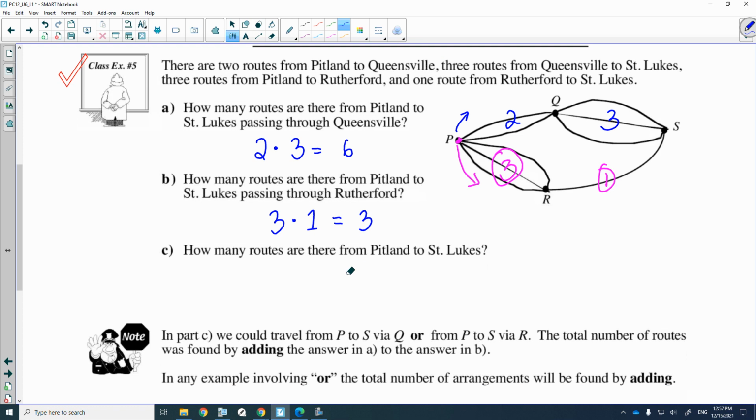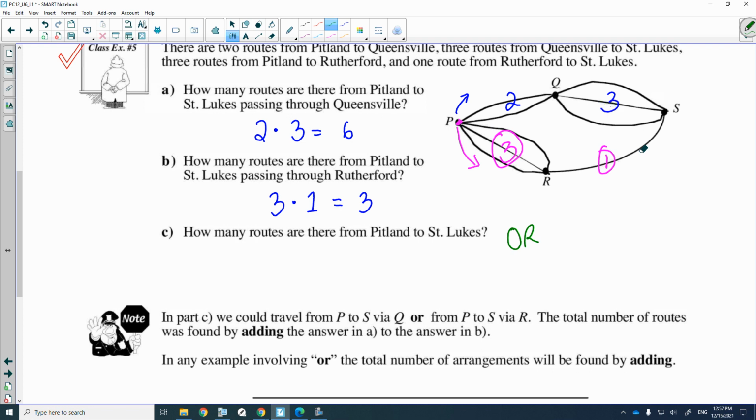Then they could say how many routes are there from Pitland to St. Luke's total? So this is what's called an OR question. What I mean by OR is if you're in Pitland, you could go this way or you could go this way. If you have an OR question, OR always implies addition.